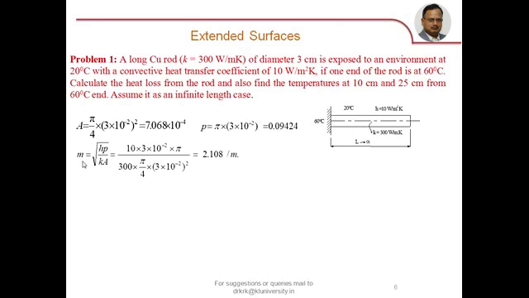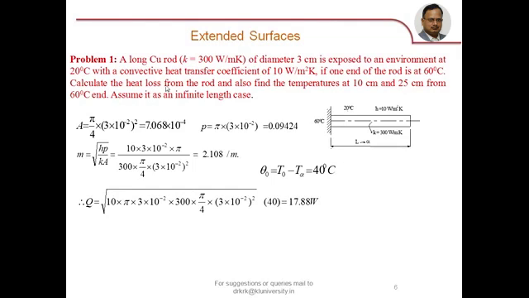M value, which we have assumed as root hP by kA. h is 10, perimeter is pi d, k thermal conductivity 300, area of cross section pi by 4 d square will give you 2.108 per meter. Now theta naught, the temperature difference at the base, is T naught minus T alpha, 60 minus 20 equal to 40.